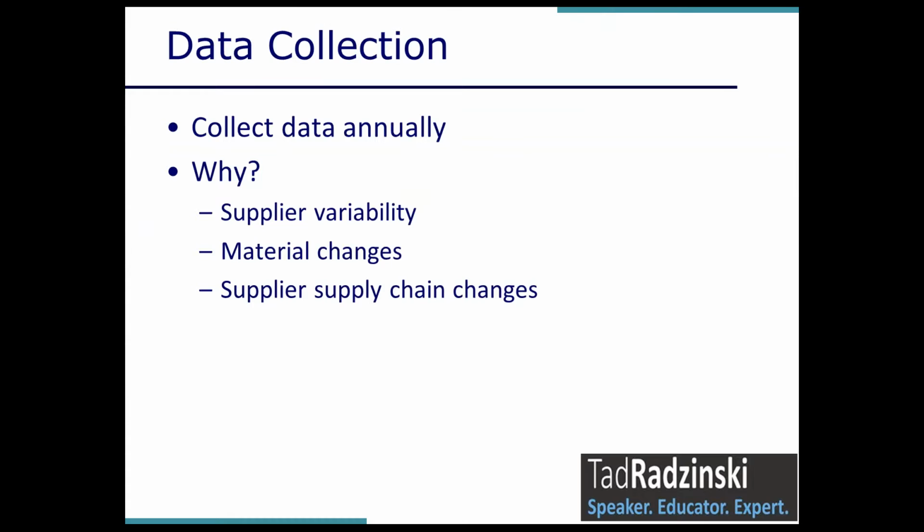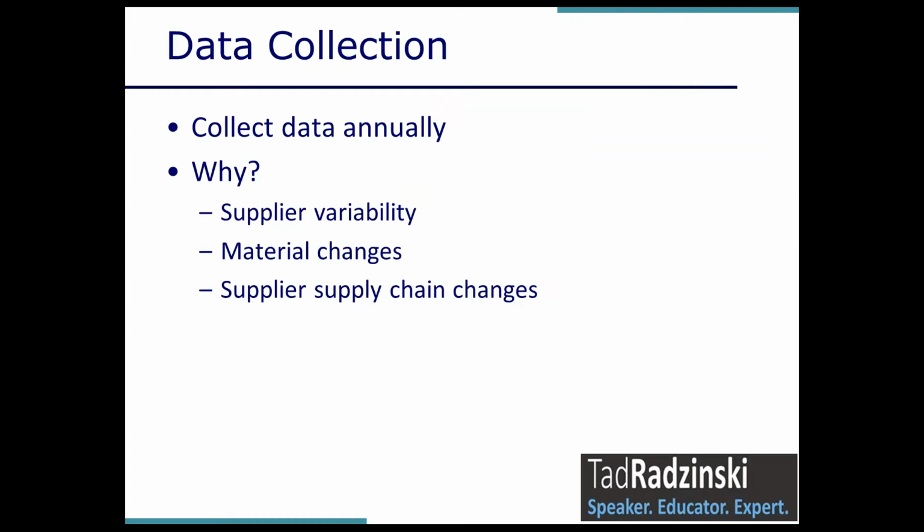When it comes to data collection, we strongly recommend a baselining. So first round of data collection with the manufacturers using those spreadsheets and questionnaires. Definitely want to do it on an annual basis after that. And the reason for that is there is a lot of supplier variability out there. For example, suppliers come and go, contracts end up expiring and they don't get renewed, or you find someone who's going to provide something at a lower cost.